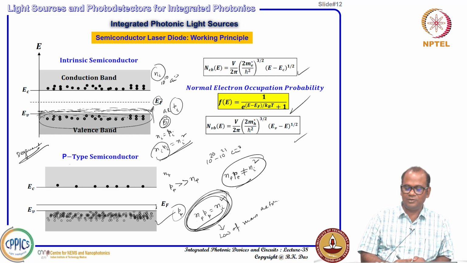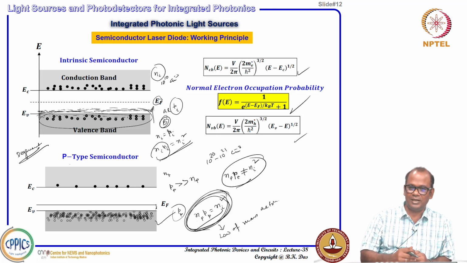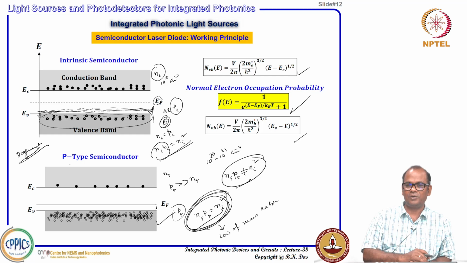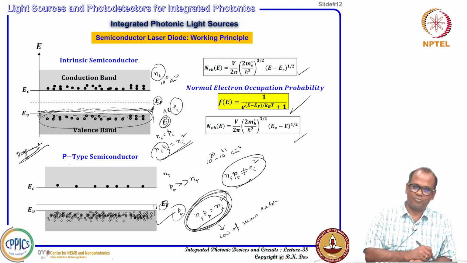And I can tell you that if you want to get a semiconductor laser, one of the major conditions is that your semiconductor must be heavily doped, such that the Fermi level can penetrate deep inside the valence band or conduction band.